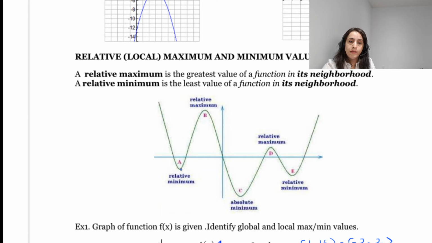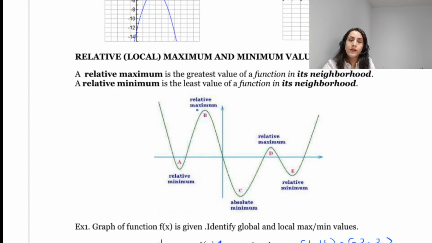As I'm checking, this A has the lowest y value along its neighborhood, not along the full graph. Then this is a relative minimum. When I'm checking B, B is on the top, so it is a maximum. And B also is not the highest y value in this graph. As you see, I have a value in here that is higher than the B value.